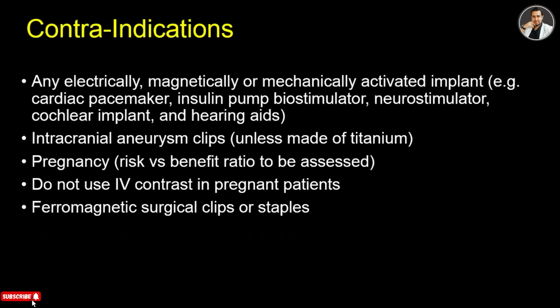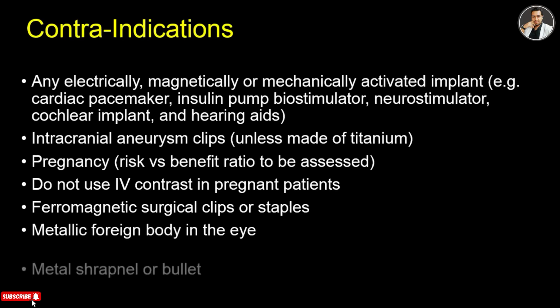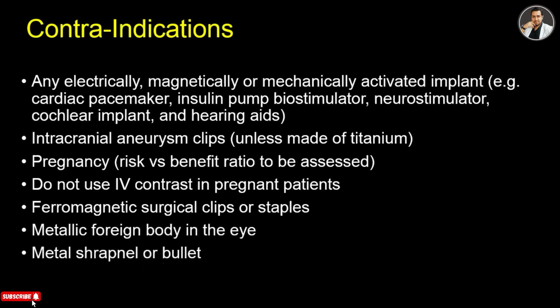So modern surgical equipment is generally made of MRI compatible metals like titanium, stainless steel, cobalt, aluminum. So you have to confirm this by checking the documents of the surgery. And then metallic foreign body in the eye and metal shrapnel or bullet.